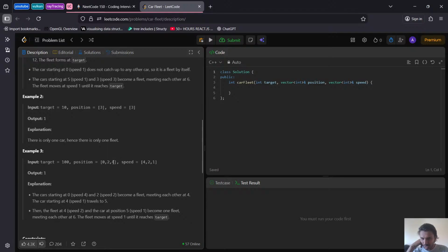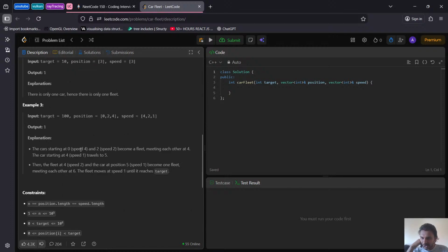Then the fourth position will have a speed of 1, so it will be 5, 6, 7, 8, 9. For the cars at position 0 and the second, it will be 4, then 6, 8, and for the other it will be 6, then 7.